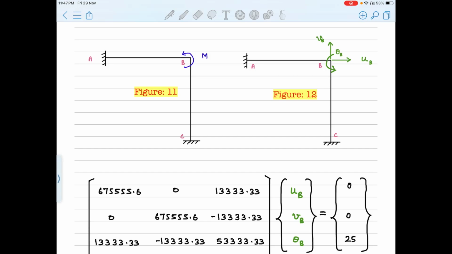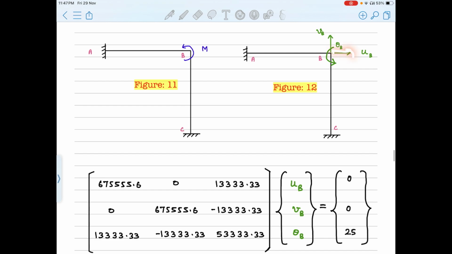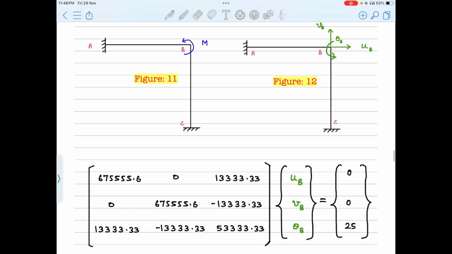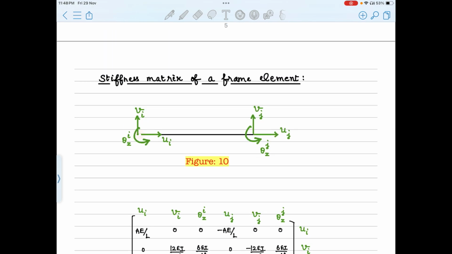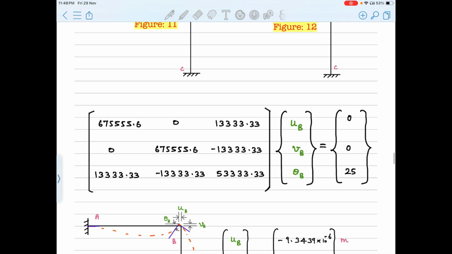So now we know that in this case, these are the 3 degrees of freedom active, which means the reduced stiffness matrix should be of size 3 by 3. That's what we see here. After carrying out all the process, that is, we first define the local stiffness matrix for each element, use the transformation matrix to convert it to the global stiffness matrix, assemble them, and remove the inactive degrees of freedom, we arrive at this particular stiffness matrix.